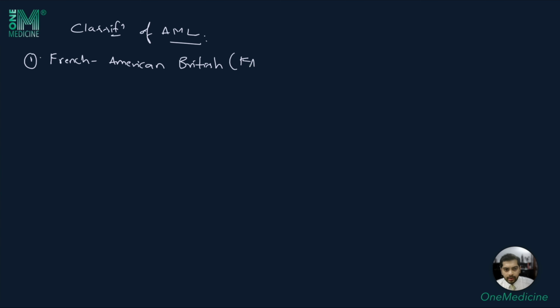Let's now look at the classification of acute myeloid leukemia. The first type of classification is French, American, British, or also known as FAB classification in short. So in 1970s, a group of French, American, and British leukemia experts divided the acute myeloid leukemia into subtypes with naming from M0 to M7.